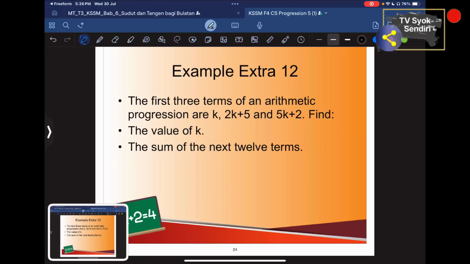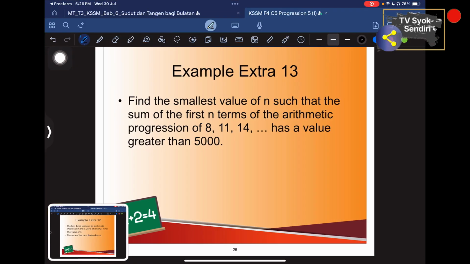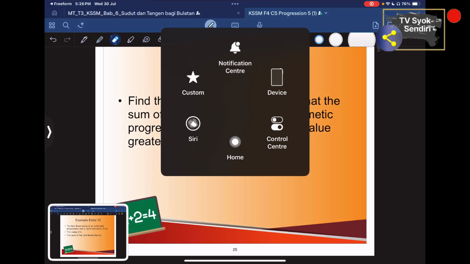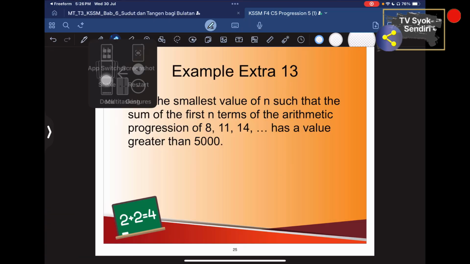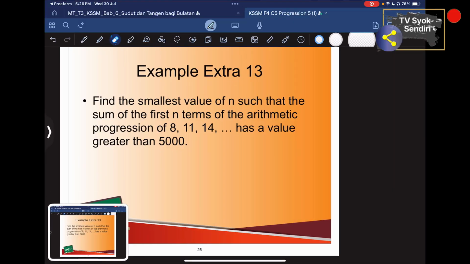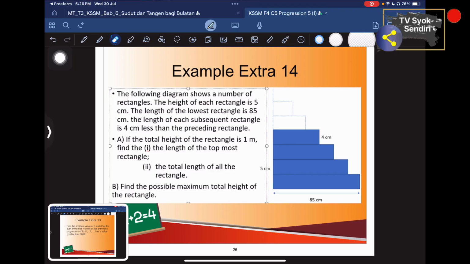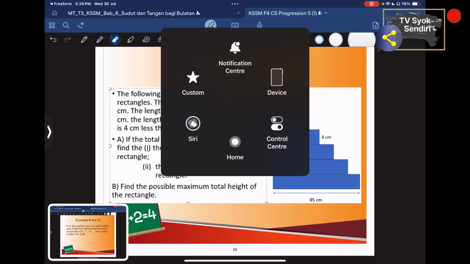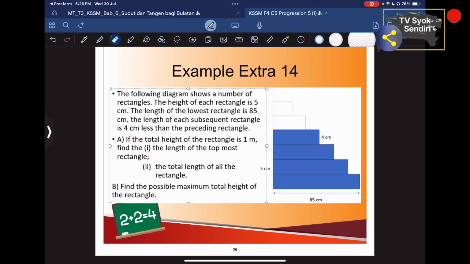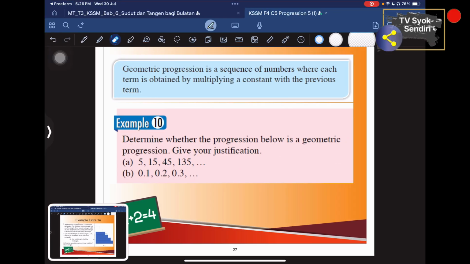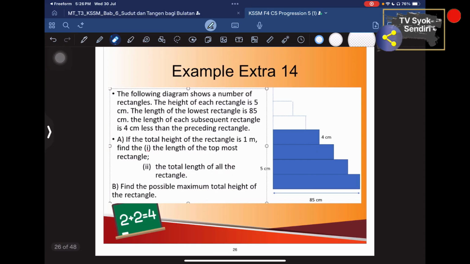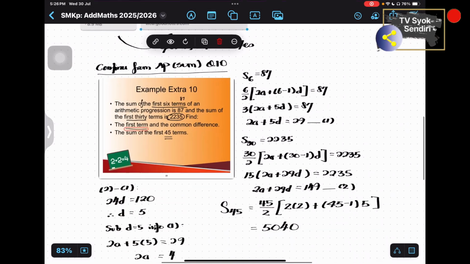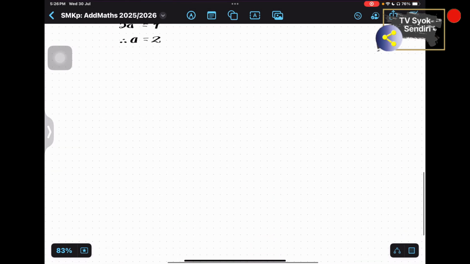Okay, now we take the picture of your extra 12. I don't think there's 13. Oh, still got. Wow. So just allow me to have question 13. You got 14? Yes, we still have 14. Okay, fine. Okay, so no more. So come to this one, it will be your next content. I only need to go until 14.